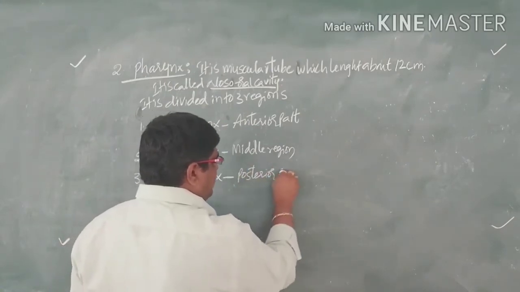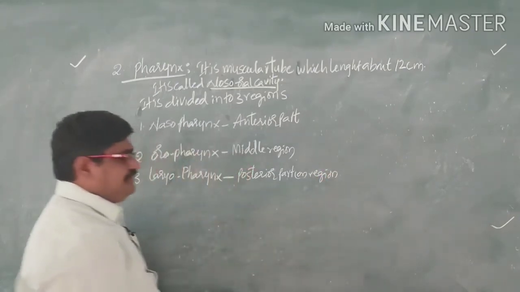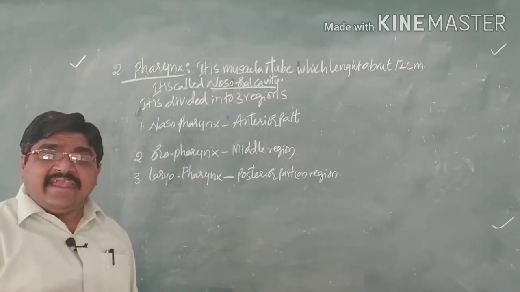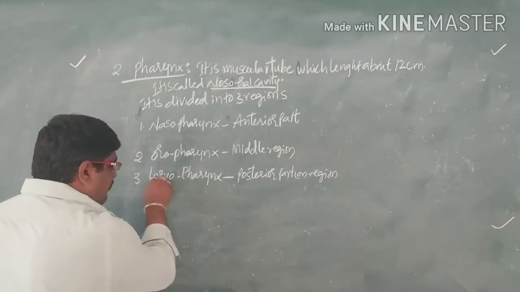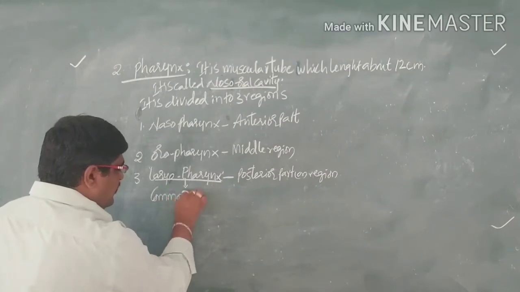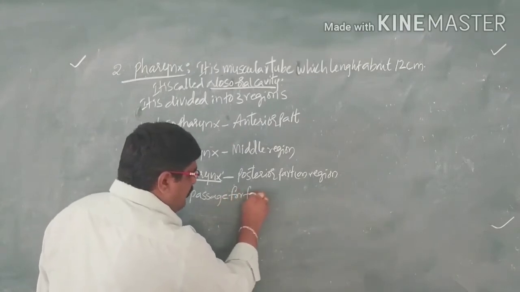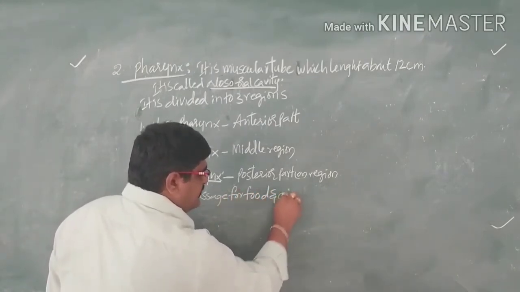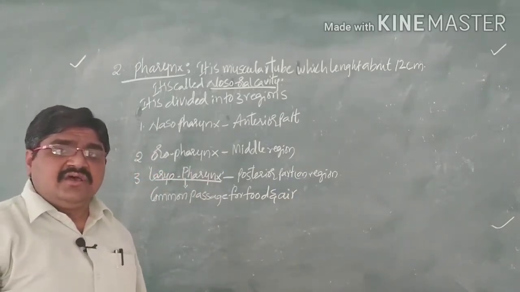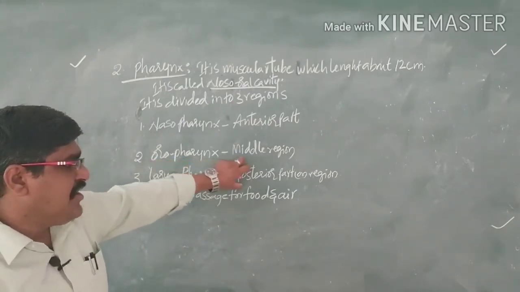The laryngopharynx is a common passage for food and air. So this structure is called the laryngopharynx, the posterior part.